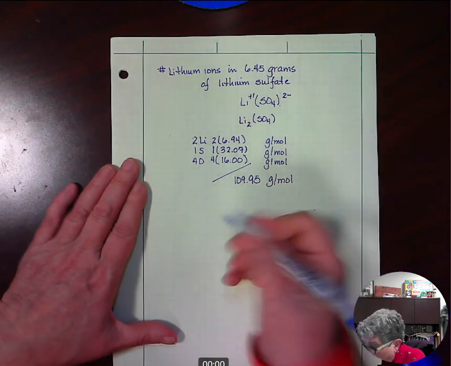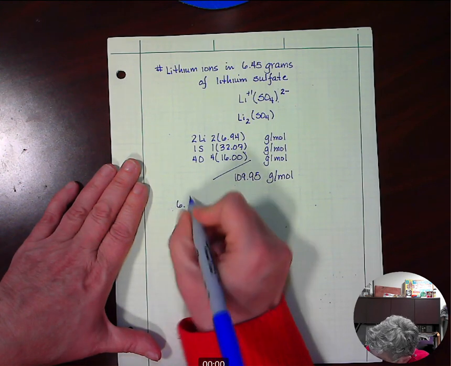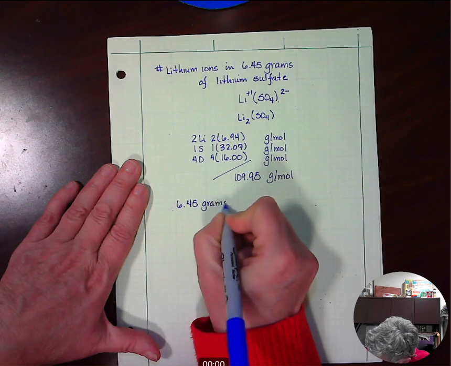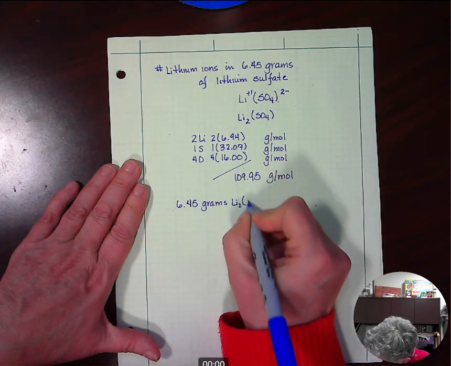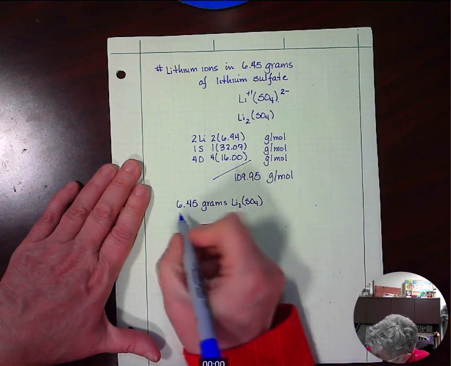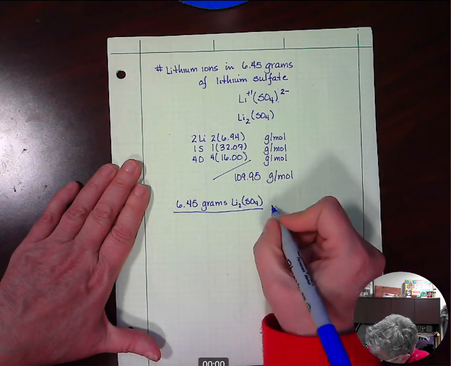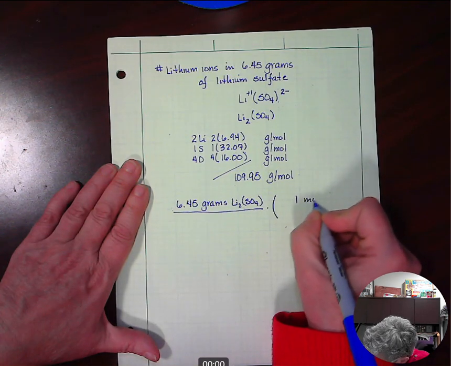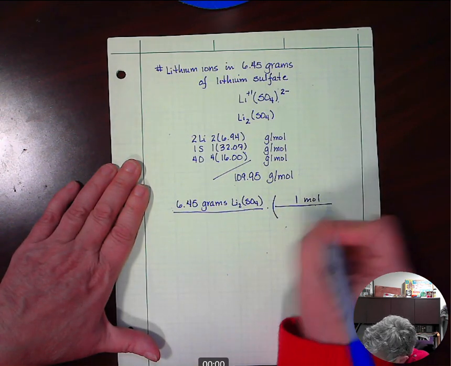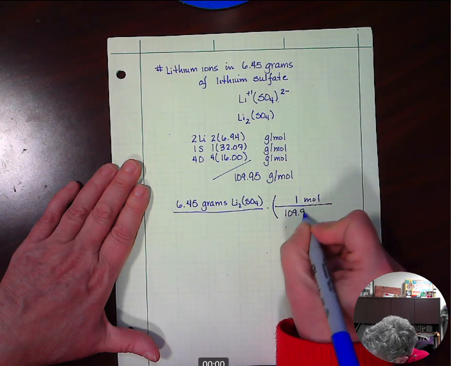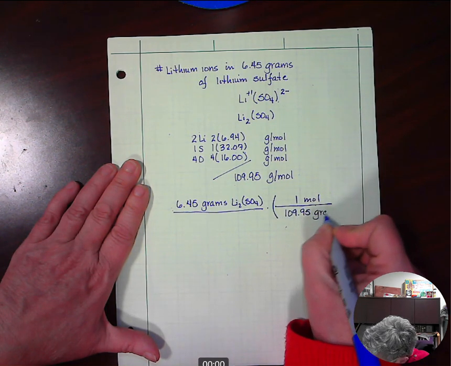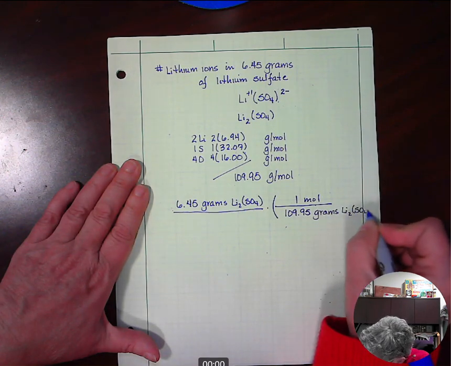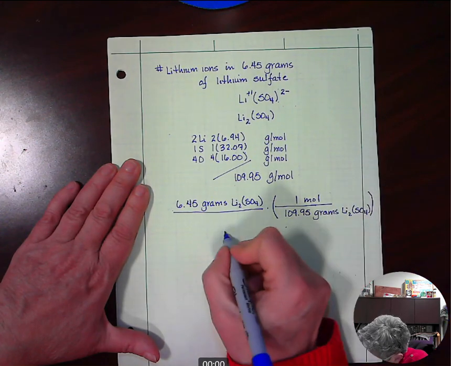Now, we're told that we have 6.45 grams of my lithium sulfate, but I need the number of moles. So now I'm going to multiply this by 1 mole is 109.95 grams of my lithium sulfate. So there we go. So we can do that.